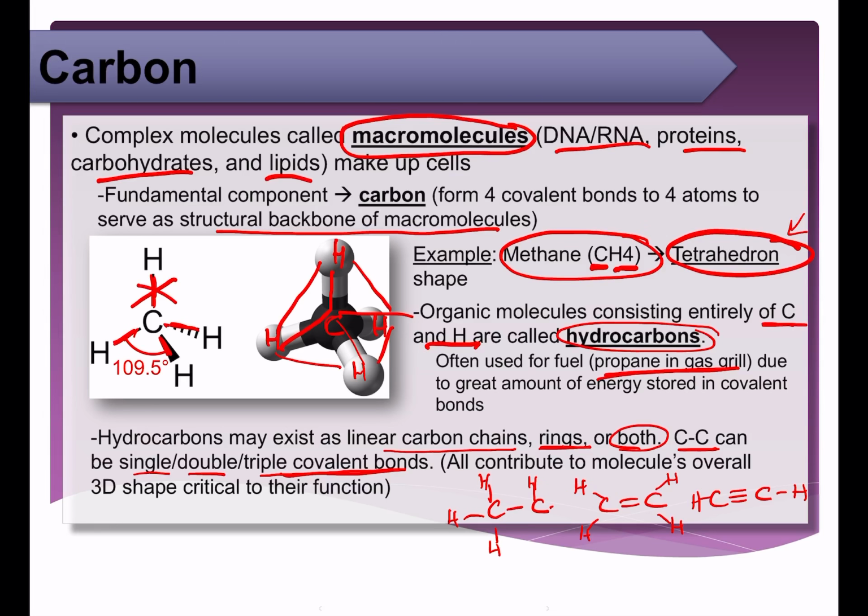So this bond between 2 carbons can be a single bond, double bond, or triple bond. And all of them contribute to the molecule's overall 3-dimensional shape that is critical to its function. As I've said with proteins, structure is to function. If you change the structure of something, usually it means you're changing the function of that molecule as well.